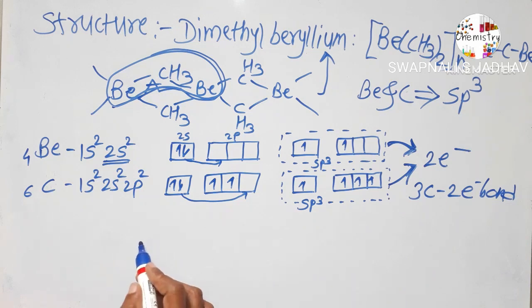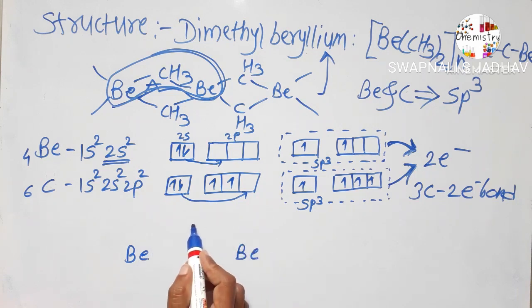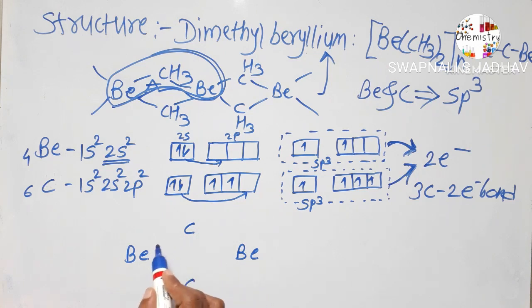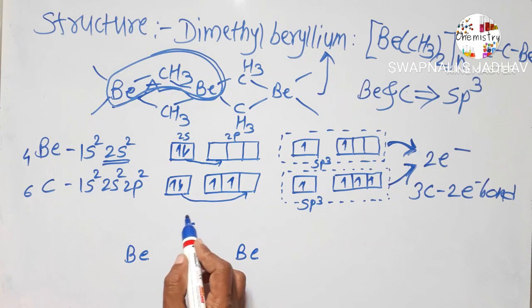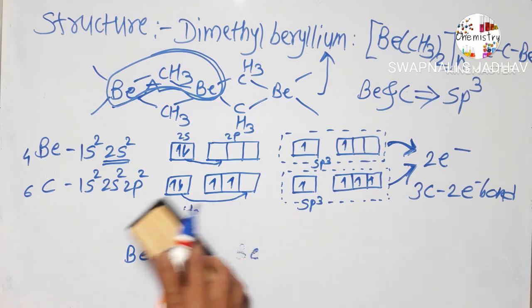So how is it formed? We see here, this is our beryllium, this is another beryllium. Here carbon is present, here carbon is present. So Be, CH3, here we write CH3. This beryllium has a vacant orbital, and it also has a vacant orbital.